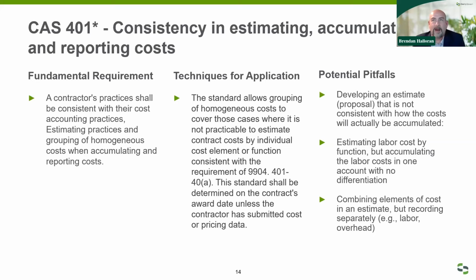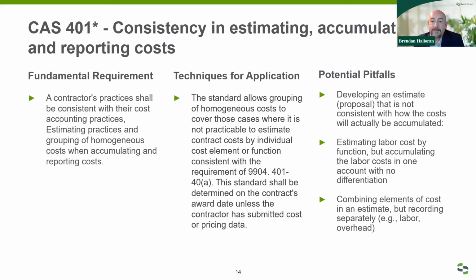So just a general example there might be if you're breaking up engineering into individual function areas for your estimate, but the bottom line is that you're accumulating overall as engineering, that's an issue. So you really just need to remember that what you're doing for that proposal buildup really should flow back to how you're accumulating.